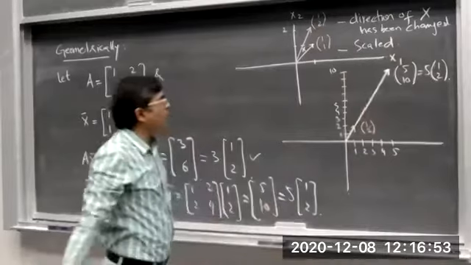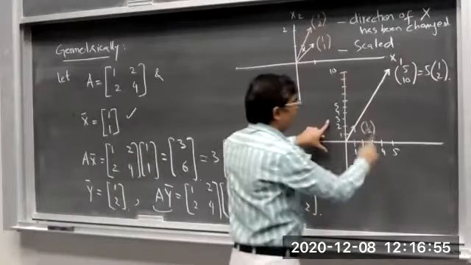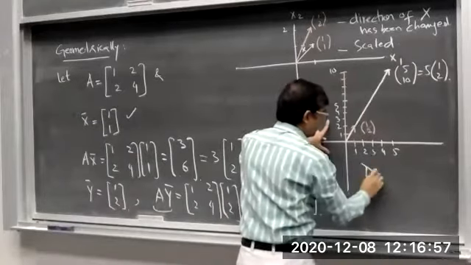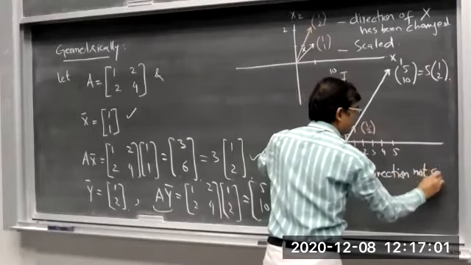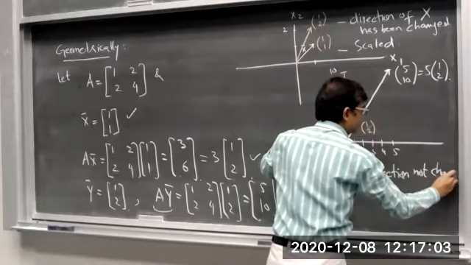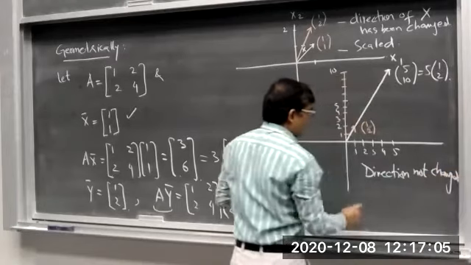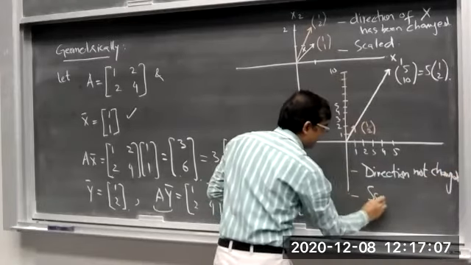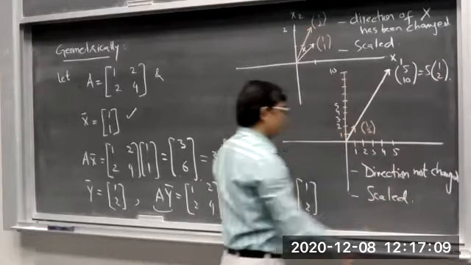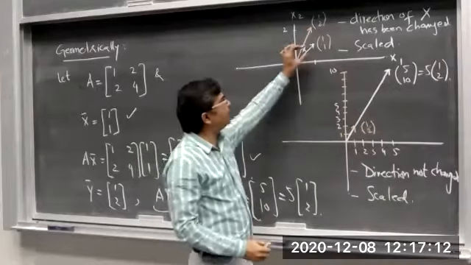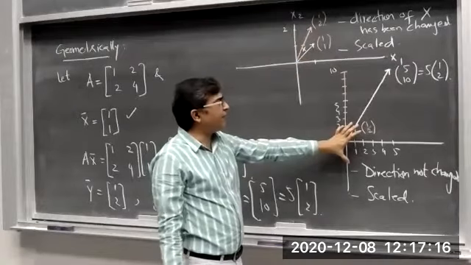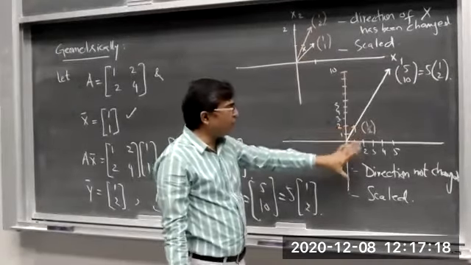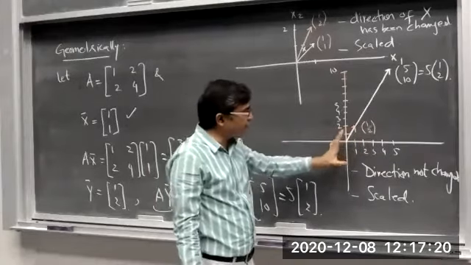Now in the second example, the direction is not changed, but the vector is scaled. Direction change means this vector has been rotated after multiplying A. But this vector has not been rotated. It is only scaled.